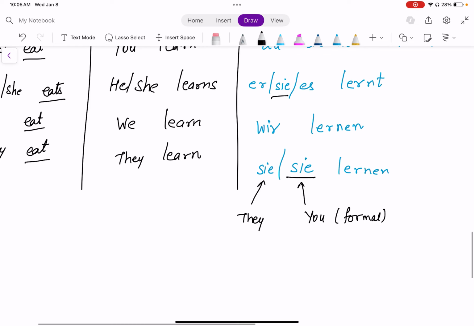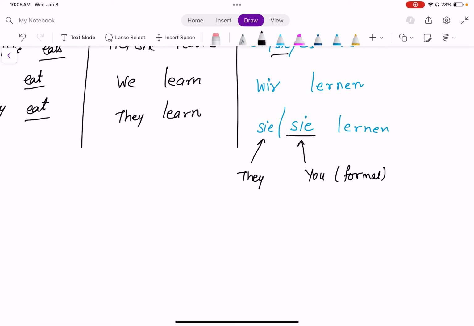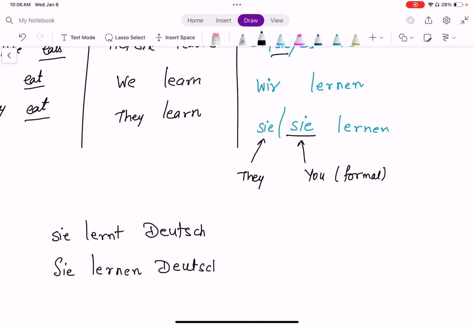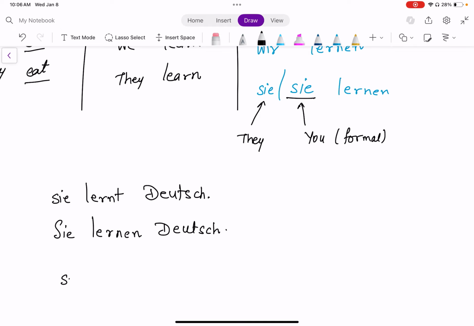For example, if I wrote like this, sie lernt Deutsch. And if I write capital Sie lernen Deutsch. And if I write like this, small s, sie lernen Deutsch. Now you understood the difference?